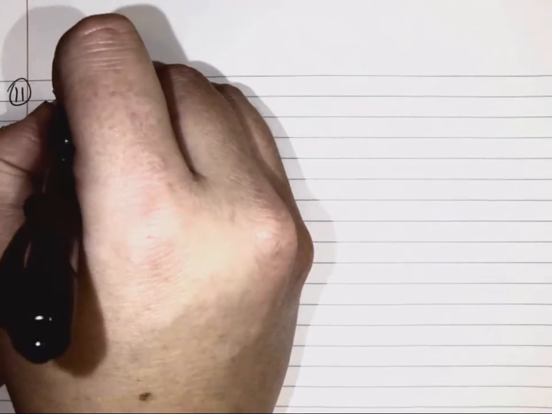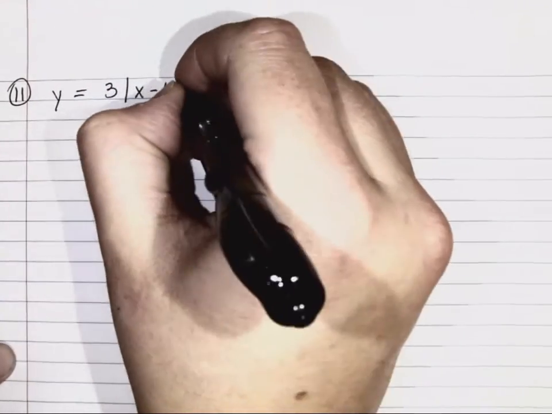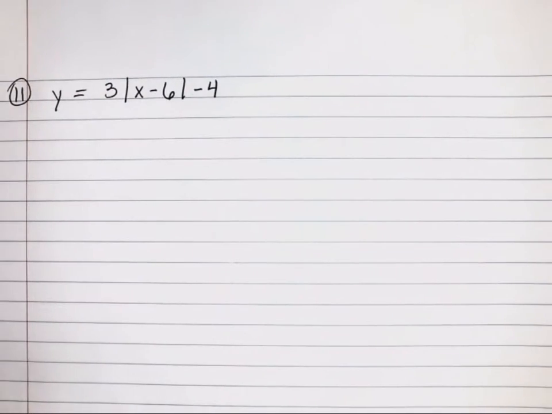All right, number 11. We are rewriting this with our absolute value. So number 11, rewrite 3 absolute value of x minus 6 minus 4 as a piecewise.